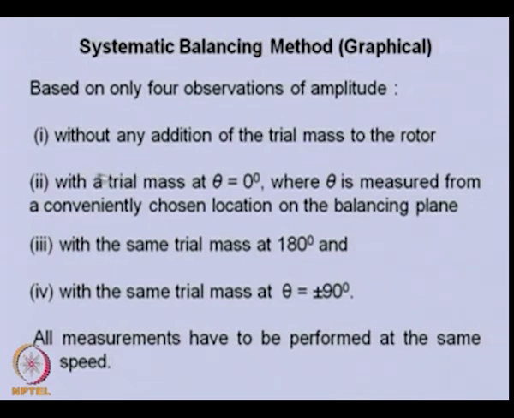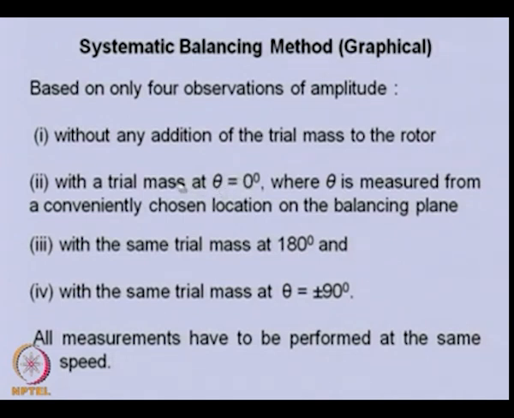Then the same trial mass, we can introduce at a convenient location on the rotor. That convenient location we can call angle theta, and this angle we have chosen conveniently on the shaft, and that will be the reference for the angle measurement.